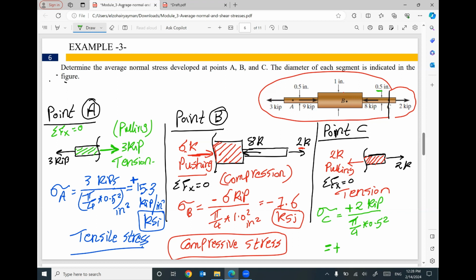It will be 10.2 ksi tensile stress. So I can figure out the average axial stress or average normal stress. First step, we have to use engineering mechanics to figure out the force in the member, and then we can apply stress equals force divided by area. That's it.